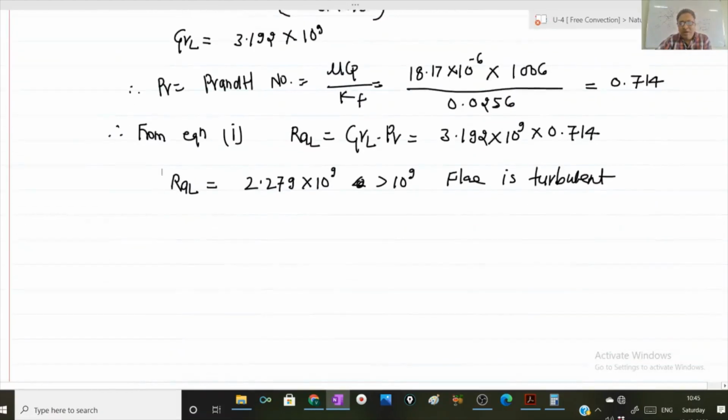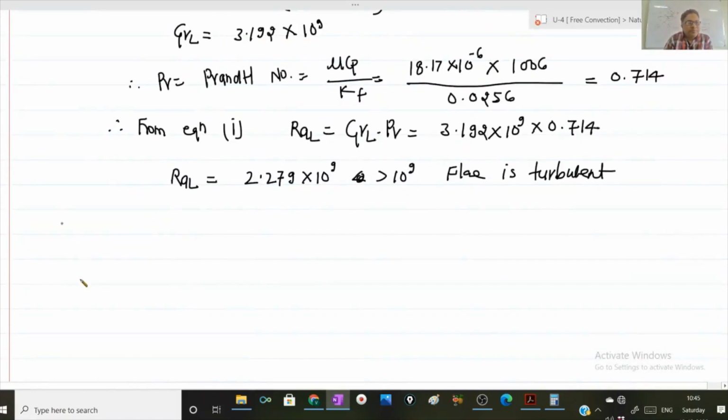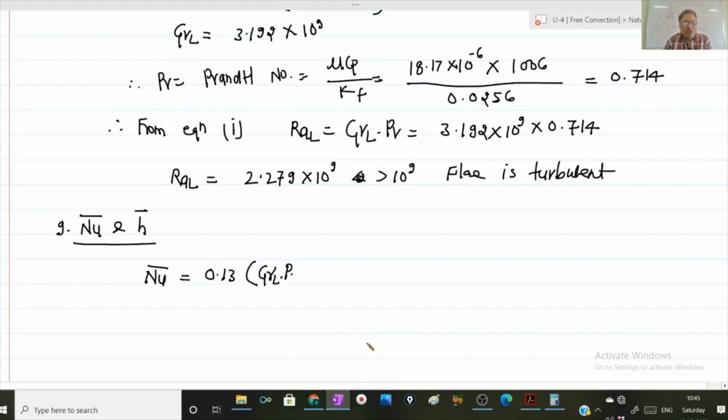Now step number 9 is to find out the expression for average Nusselt number and calculate the value of average heat transfer coefficient. In this problem we have been given the expression for Nusselt number as 0.13 (GRL PR) to power 1 by 3. Since we have been asked to use this expression, we need not refer to the data book.